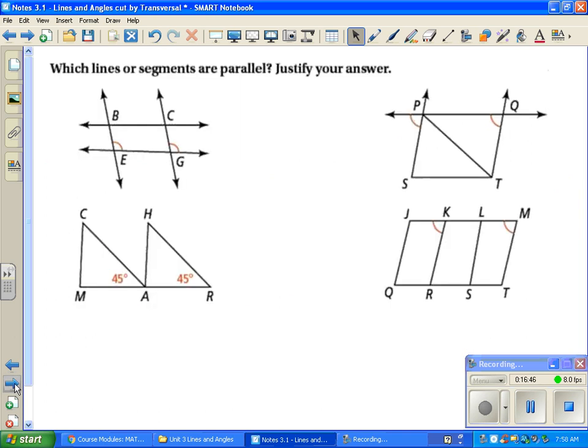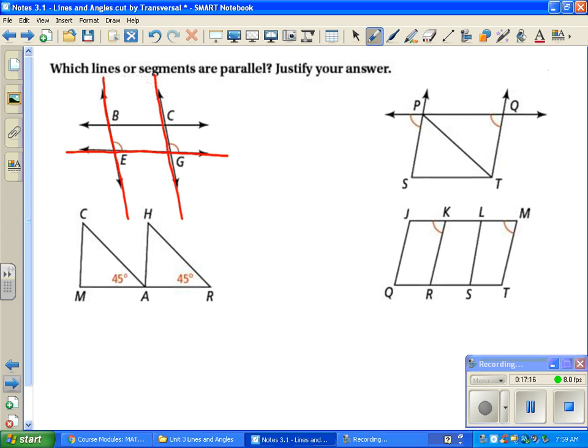Now, on this last slide, we are going to have to name the angle that is marked and which parallel lines and also which transversal might be helpful as well, that justify that it makes them parallel. So these two angles are on this line, and they are cutting across these two parallel lines.